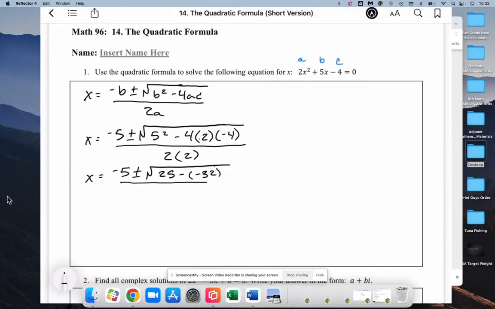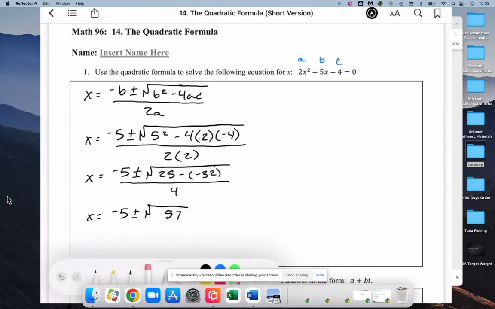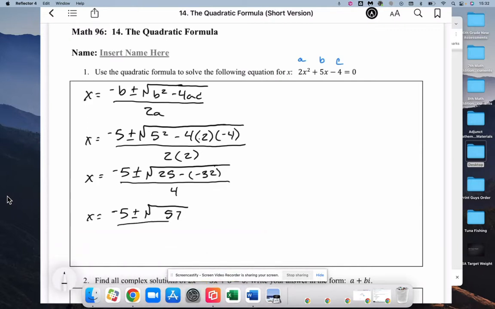Be really careful with your negative signs with this thing. And then 2 times 2 in the denominator is 4. So if I simplify this further, negative 5 plus or minus the square root, that would turn into 25 plus 32, which would be 57, over 4.